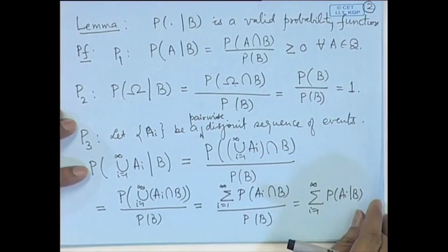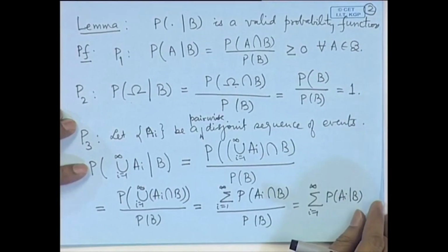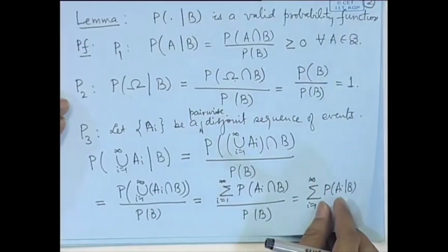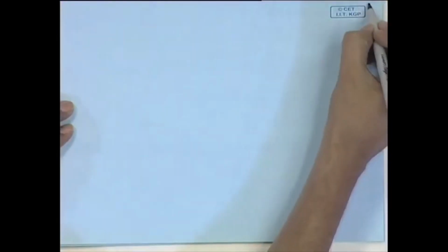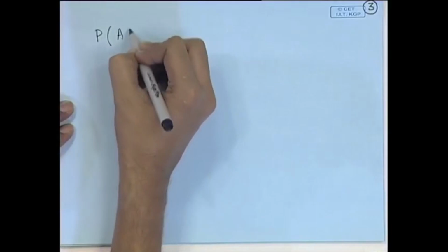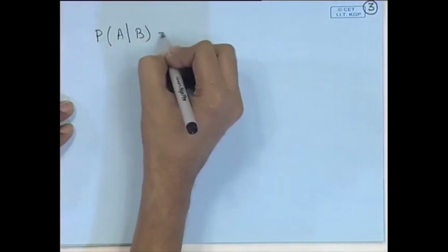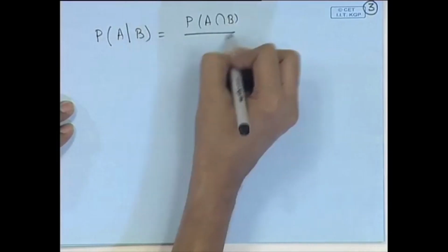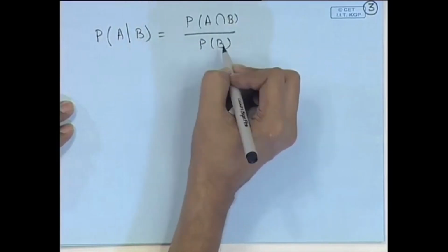Now, let us look at some direct consequences of this definition of conditional probability. Let us consider the statement P(A given B) is equal to P(A intersection B) divided by P(B).